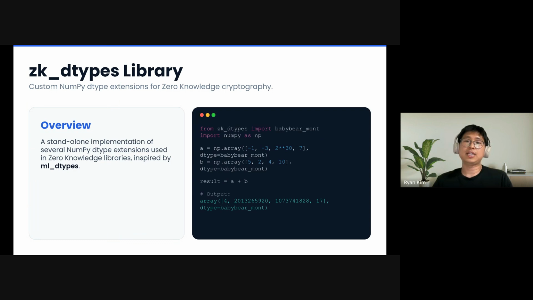And so ZK dtypes is what makes this work. It's a standalone library that extends NumPy's dtype system with the ZK field types. We treat BabyBear, Goldilocks, and BN254 as first-class NumPy dtypes, just like float32 or int64, but with modular arithmetic baked into the dtype, inspired by ml_dtypes, the library that gave NumPy types like bfloat16 for machine learning.